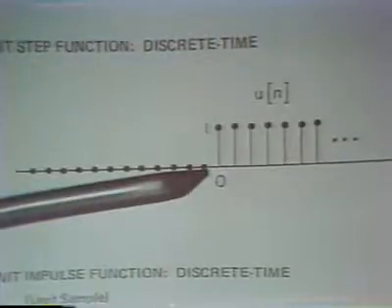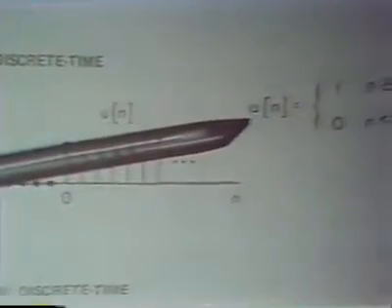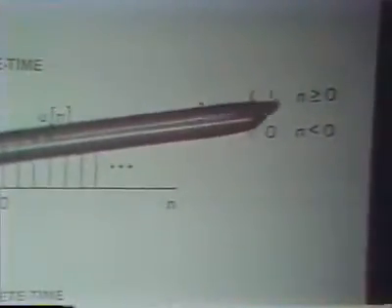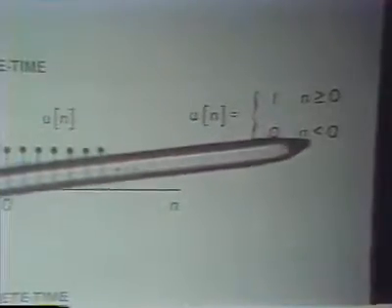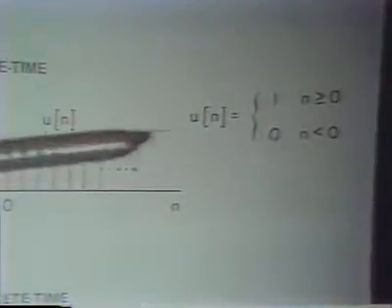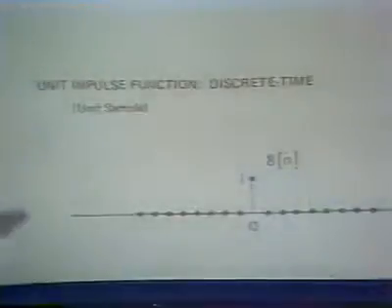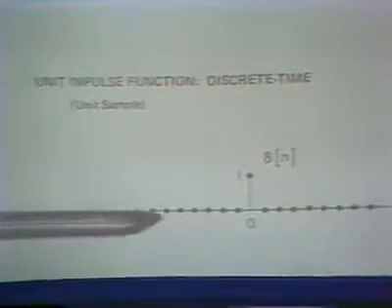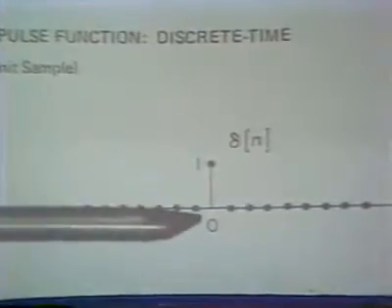So mathematically, the unit step sequence is 1 for n greater than or equal to 0 and 0 for n less than 0. The unit impulse sequence, likewise, is defined in a straightforward way. The unit impulse sequence is a sequence which is 0 for all values of its argument except for n equals 0.